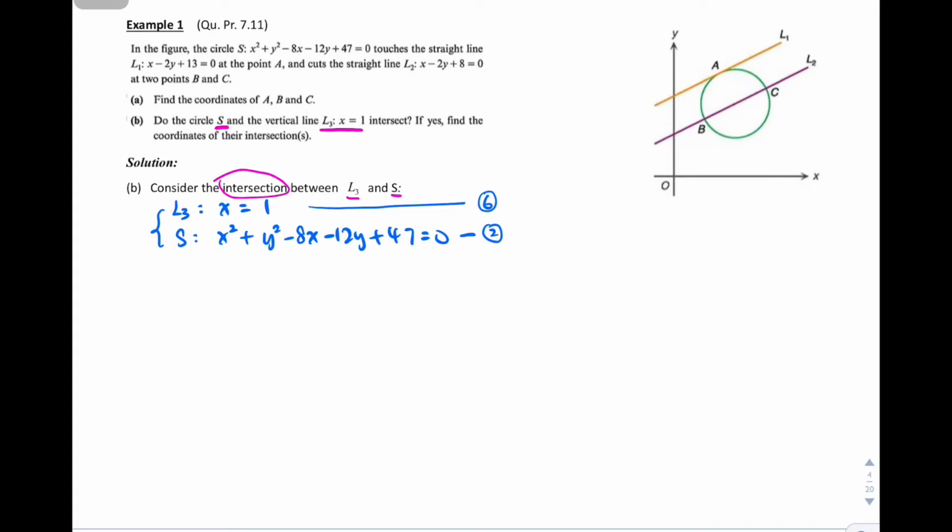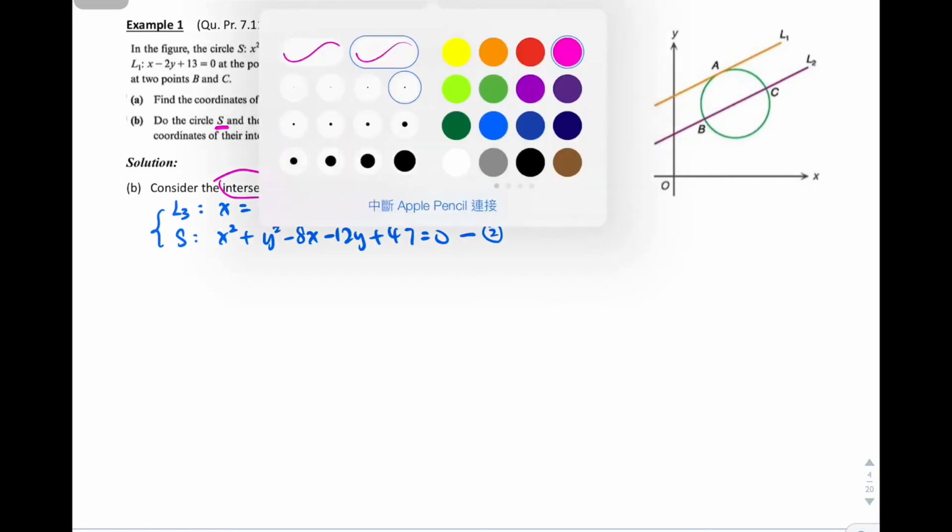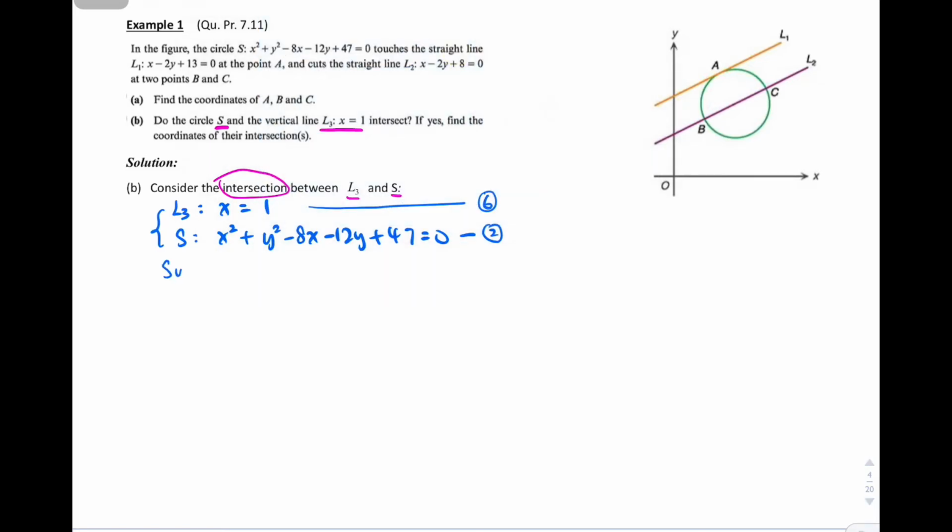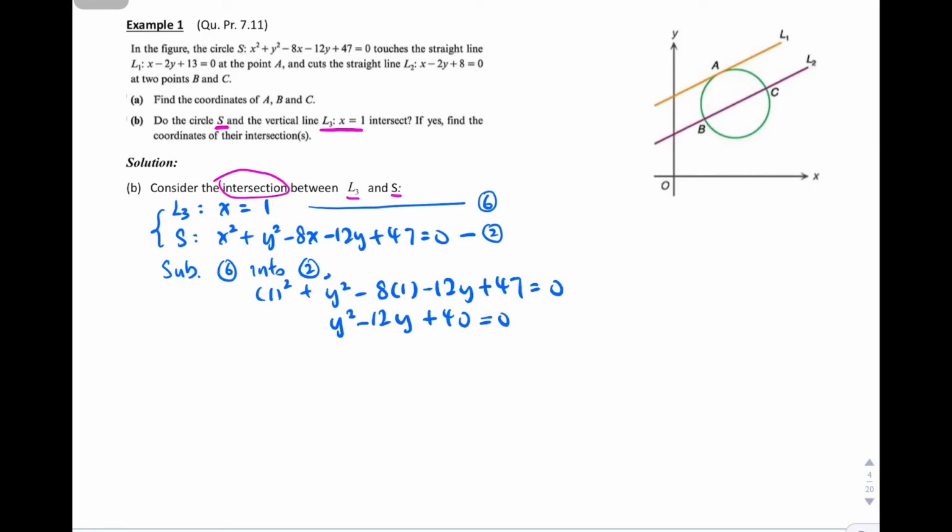This time you just directly substitute equation 6 into equation 2. And so you replace x by 1. And after simplifications, you will get a quadratic equation in y.